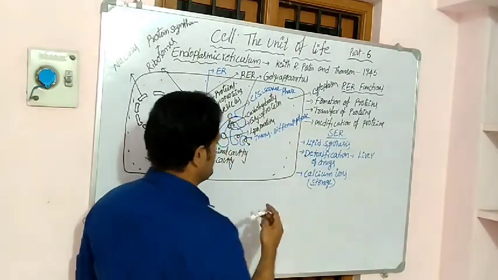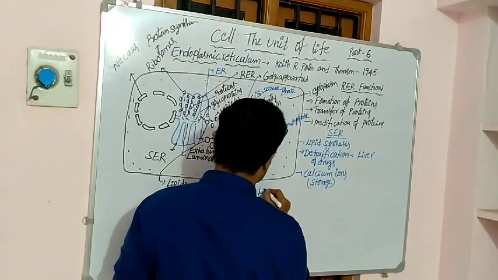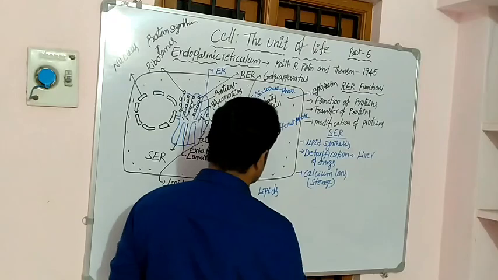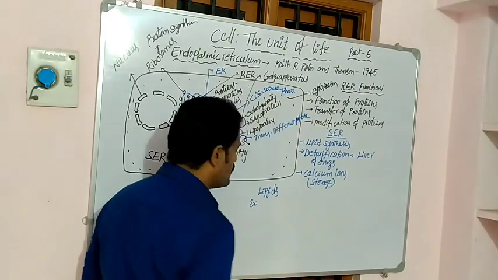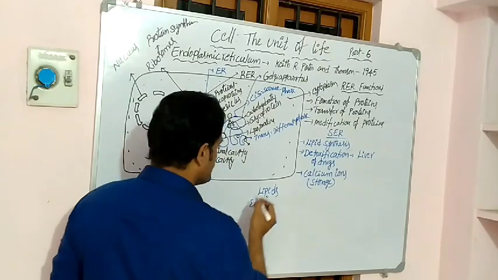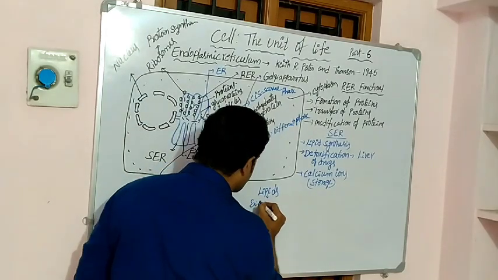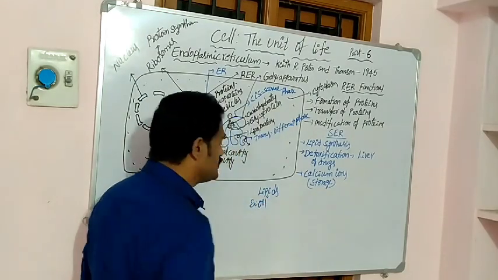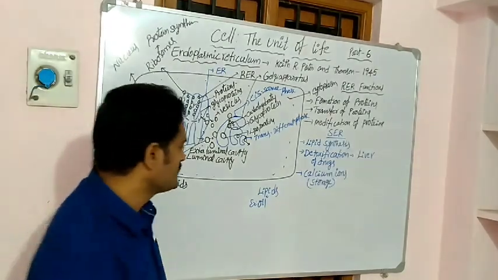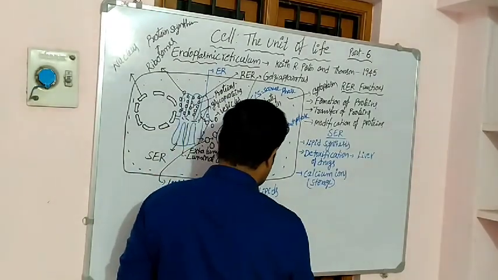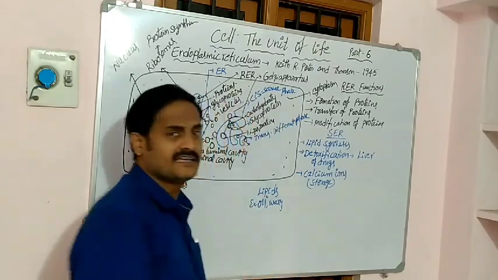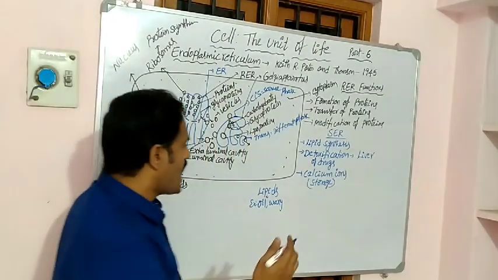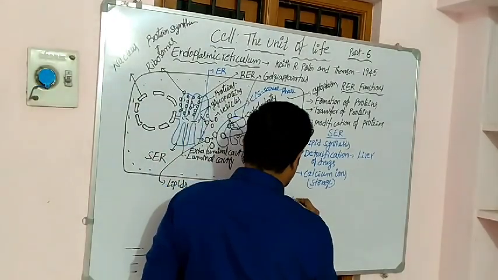What are the examples of lipids? That is important. Lipid examples are mostly oils. The smooth endoplasmic reticulum is able to produce oil and also waxy substances, and also steroids.